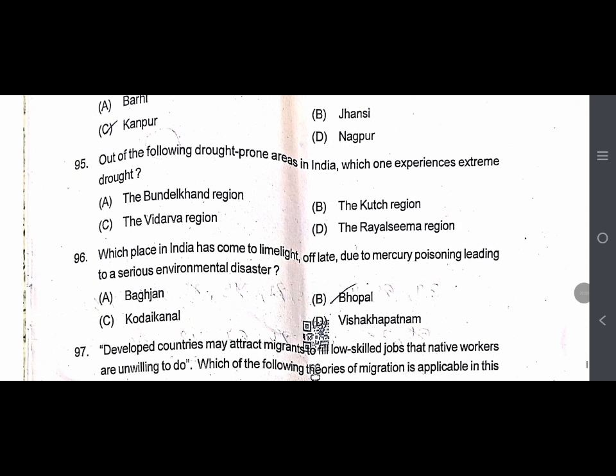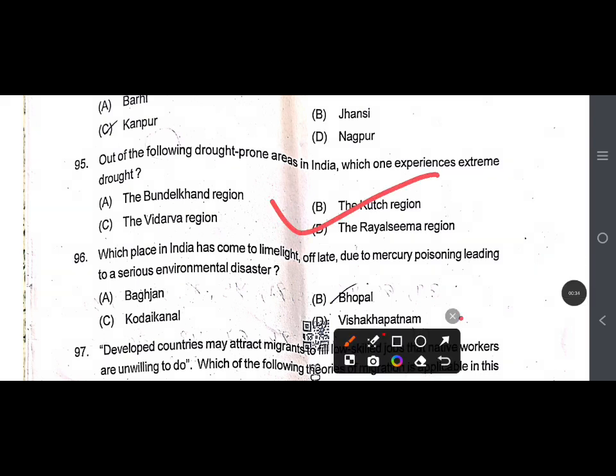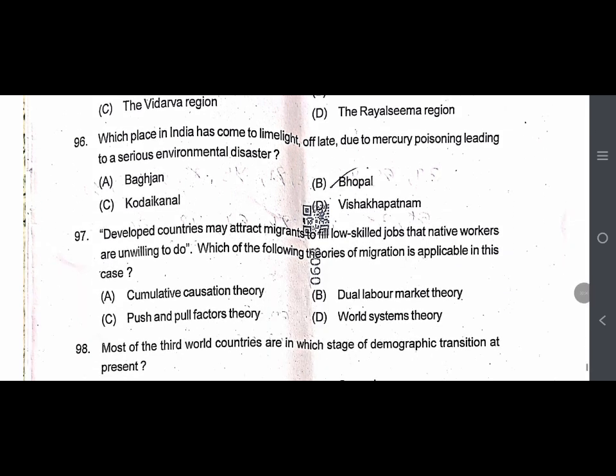95. Out of the following drought prone areas in India, which one experiences extreme drought? Okay, answer to be option D. 96. Which place in India has come to limelight of late due to mercury poisoning leading to a serious environmental disaster?